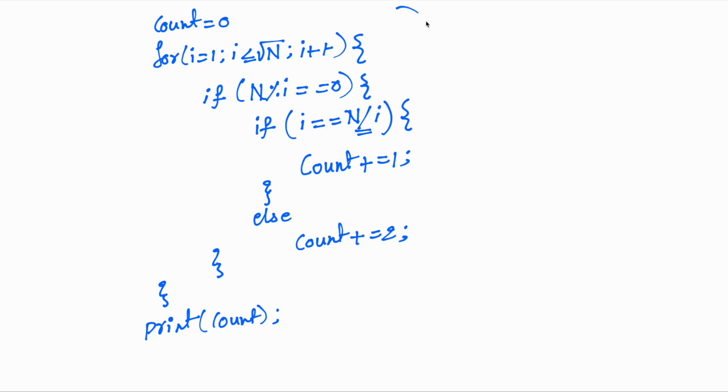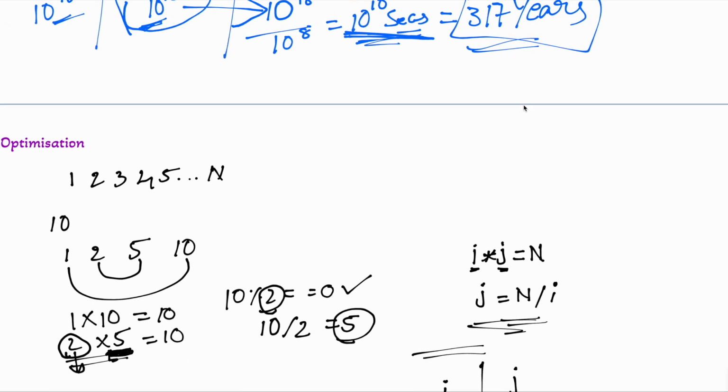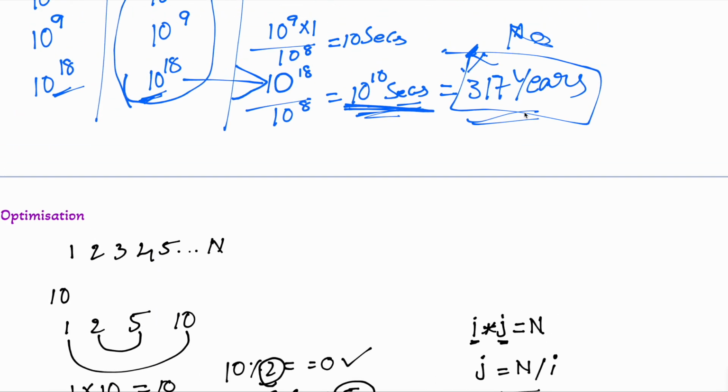For this overall, how many iterations are we taking? Root n. So let's calculate for the input 10 power 18, which was taking 317 years.